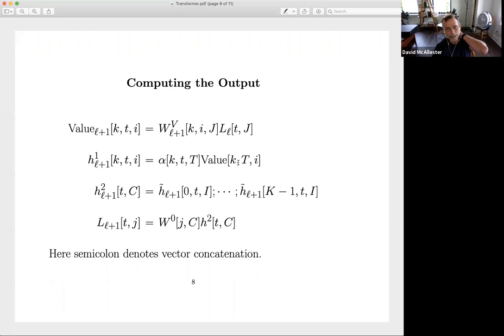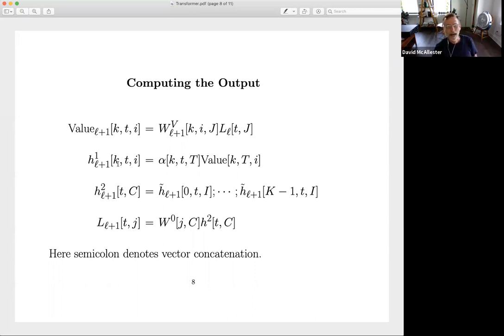So we're summing over t, taking a convex combination over this second position, and for each weight in that second position, we're taking the value from that second position and putting it in here. This is taking a convex combination of these value vectors over the positions weighted by this, and that gives us a value vector at this position for head k.